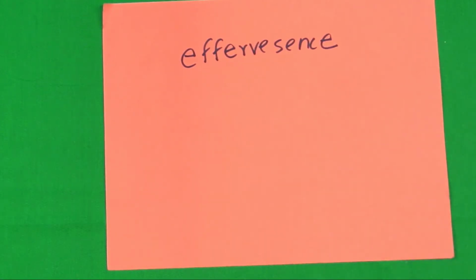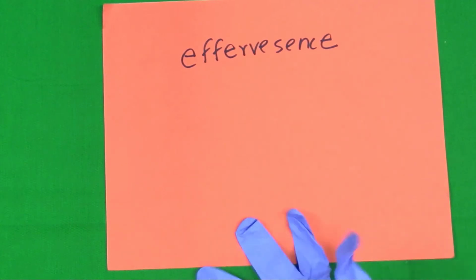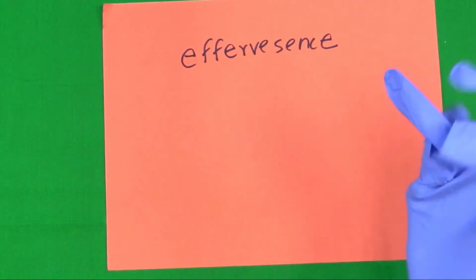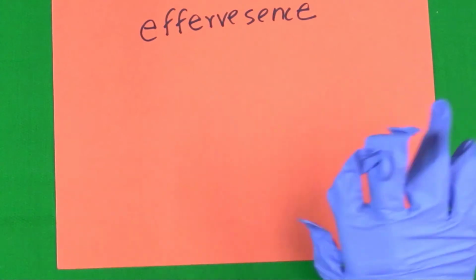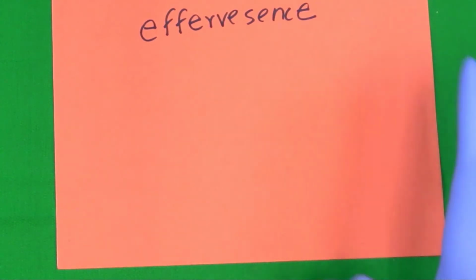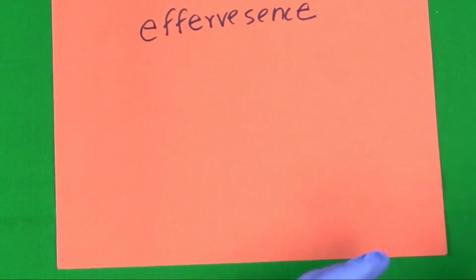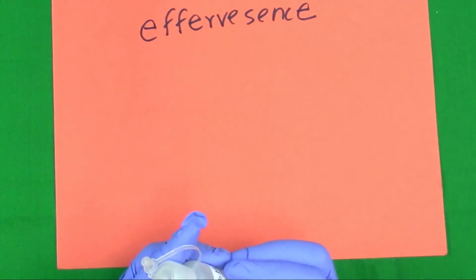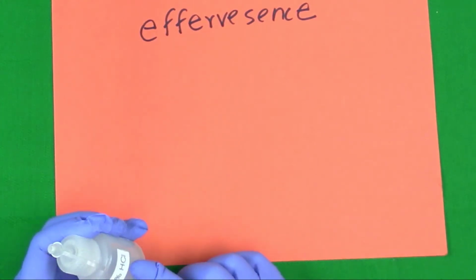So I'm going to go ahead and put gloves on, although the acid that you're using for the labs is a really weak acid, and so it would be pretty difficult to harm yourself with it. However, just to be on the safe side, we're going to protect our hands. So this is a very weak version of hydrochloric acid.